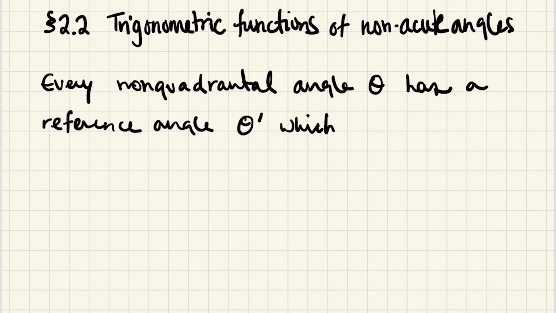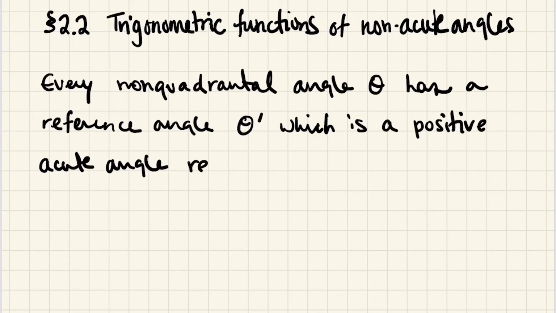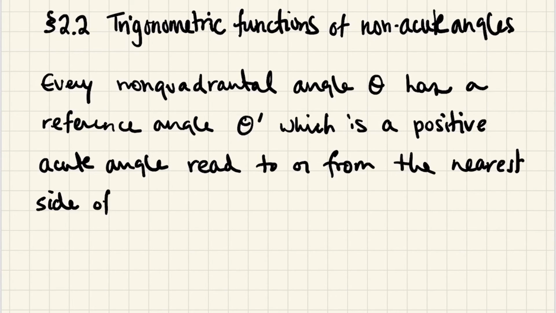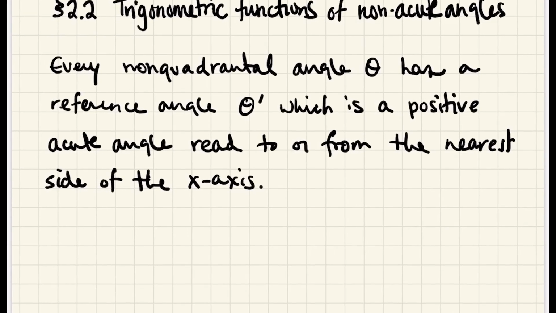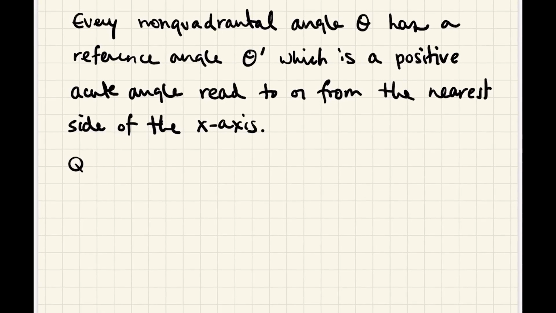Well, it's a positive acute angle formed between the terminal side and the nearest side of the x-axis. Okay, so, well, what does this mean? Well, it means something slightly different depending on what quadrant you're working in. So let's take a look at quadrant 1.